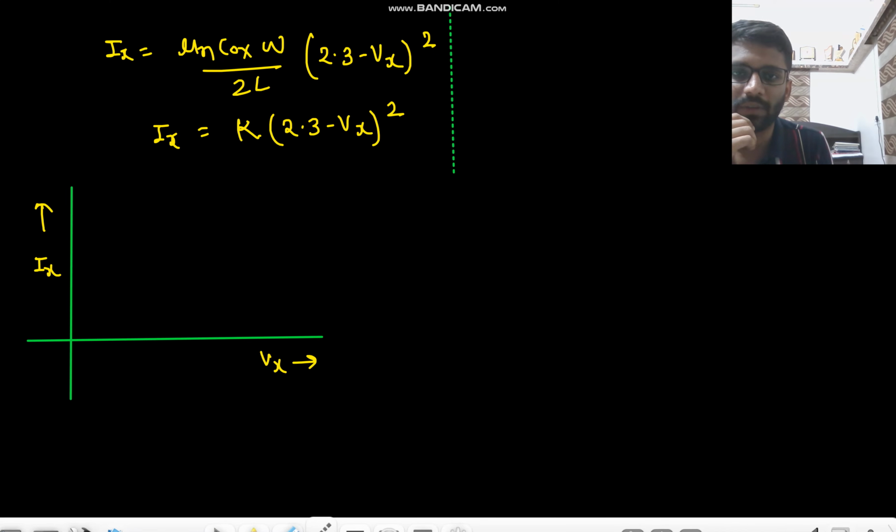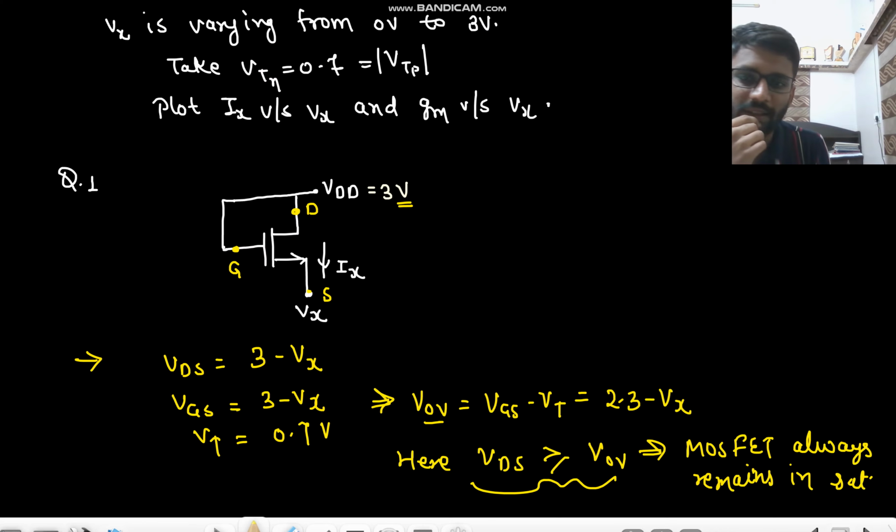One point we can note down here is that when Vx is greater than 2.3 volt, let us assume Vx is 2.4 volt. Here you have 3 volts. What is your VGS now? 0.6. That is less than VT. That means your transistor is off, right?